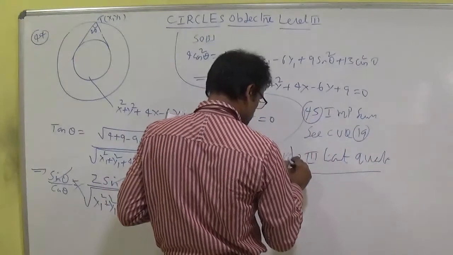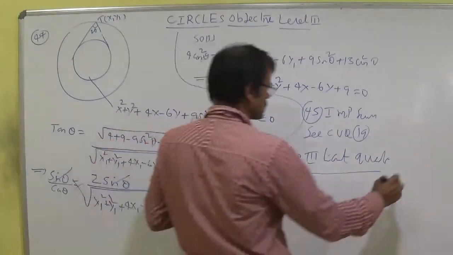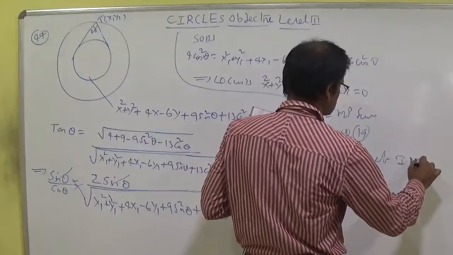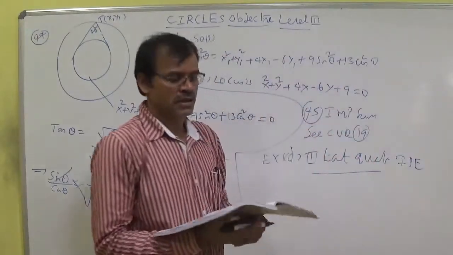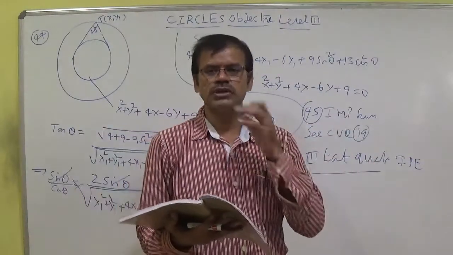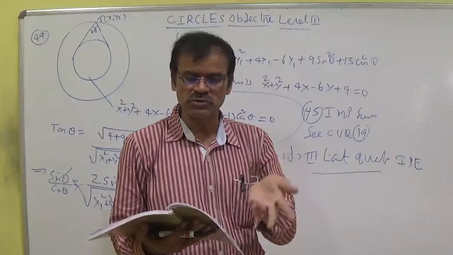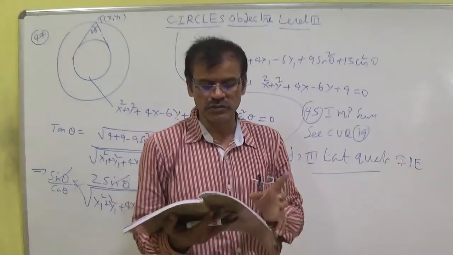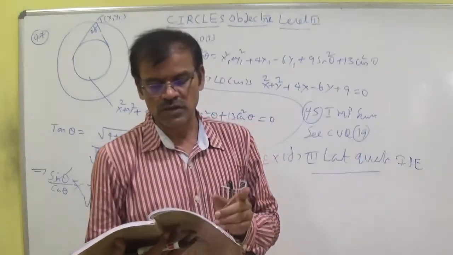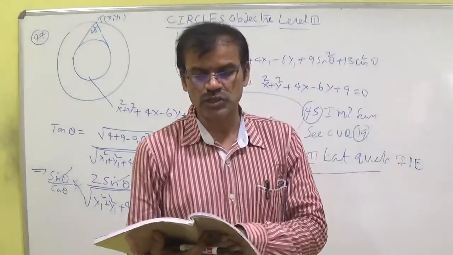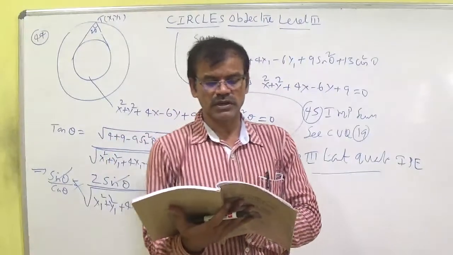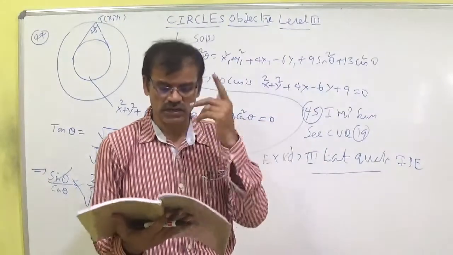This is not 1C. You see IPE, exercise 1D, last question. For this object only I said here. There, the formula is 2 into x square plus y square plus 2gx plus 2fy plus constant. The concept here is only the first option. By homogenization we can get it. It is a lengthy sum, already I said in IPE.